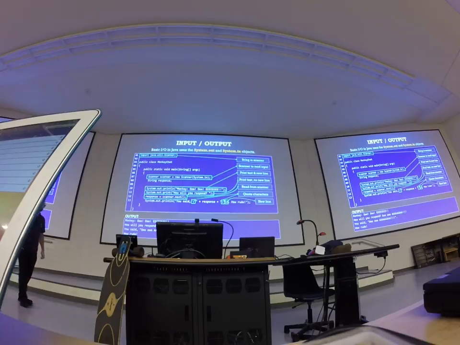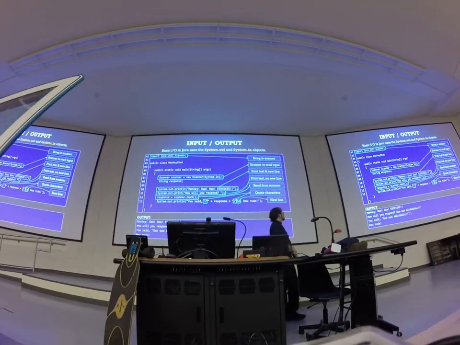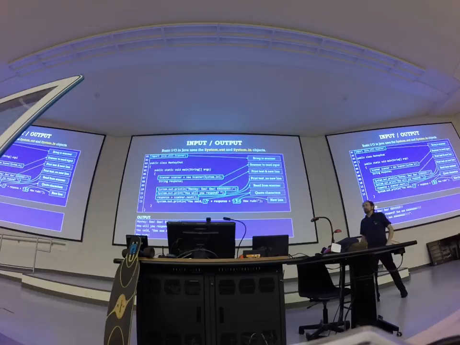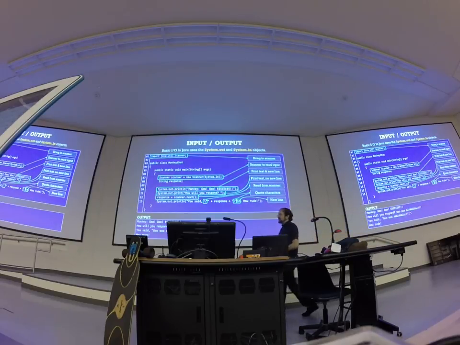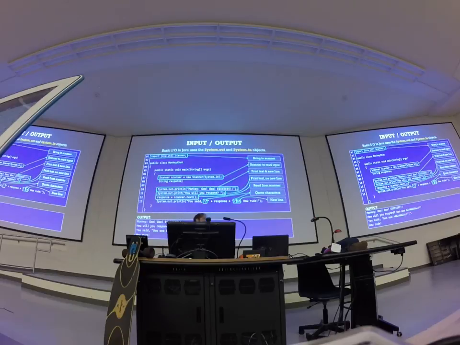Yes? When you were doing the response scanner next line, why is there a set of parentheses? That's an excellent question. And the answer is, anytime in Java we call a method, anytime we're telling some object to do something, then we have to have parentheses so that Java knows that it's a method.